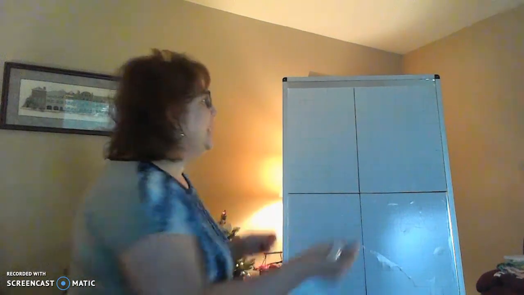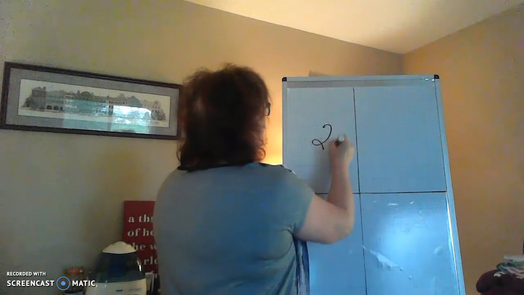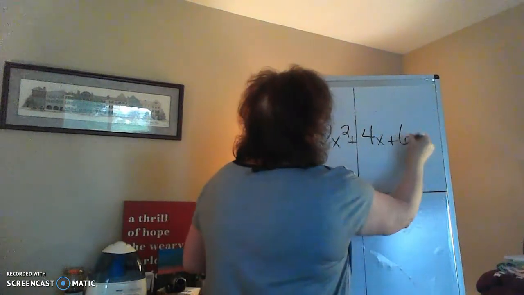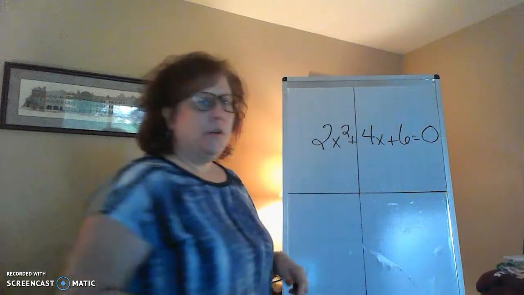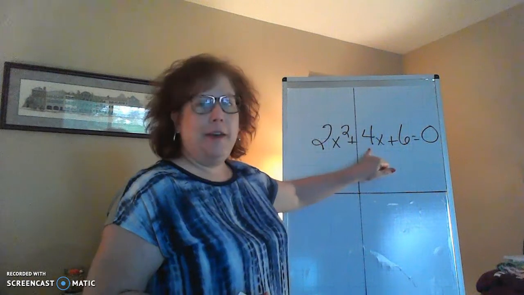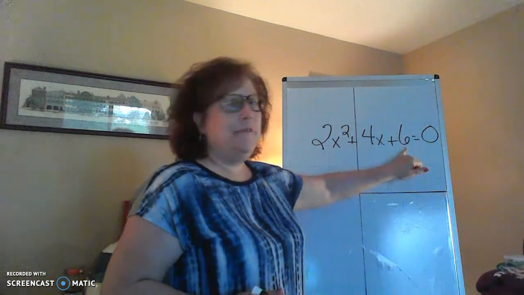And last week we learned how to take a quadratic equation, and that is something like this. Where we have an A value, a B value, and a C value.